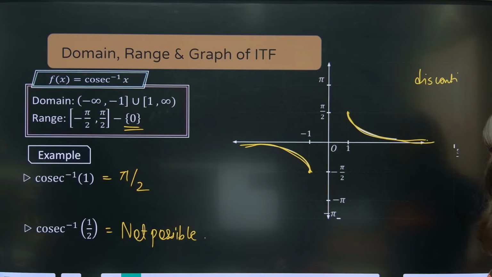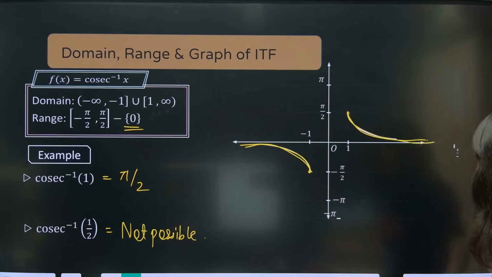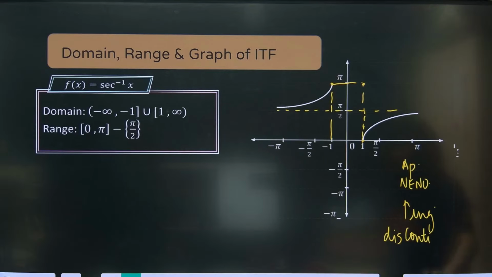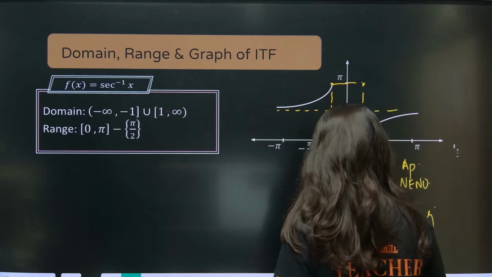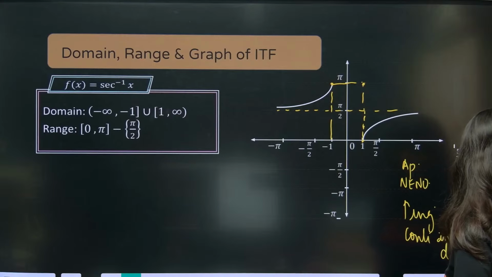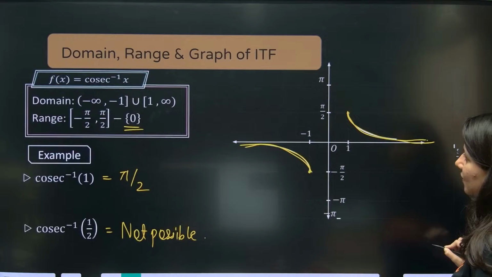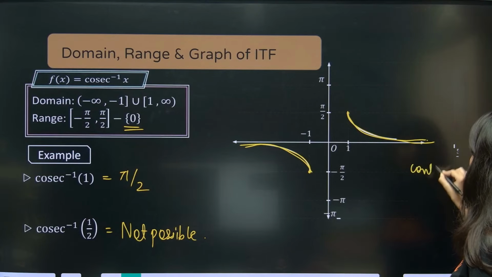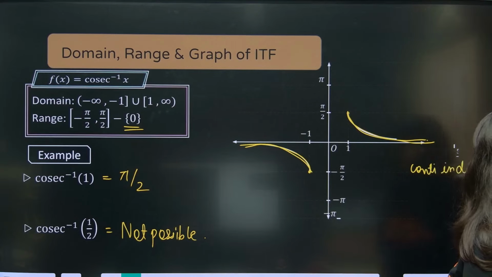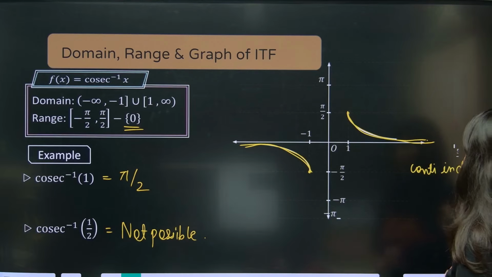No, actually, we will call it continuous only, because it is continuous in its domain. When we say the word continuous, it means continuous in its domain. And can you see the graph is decreasing?